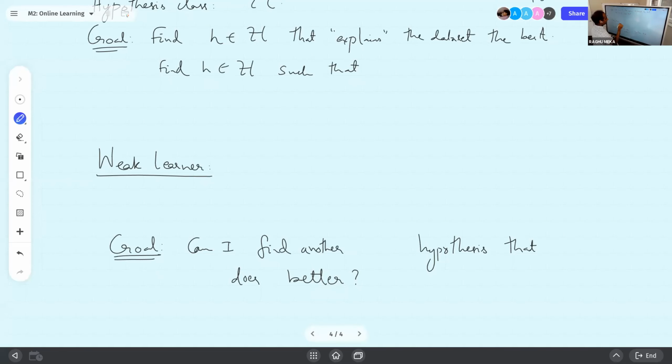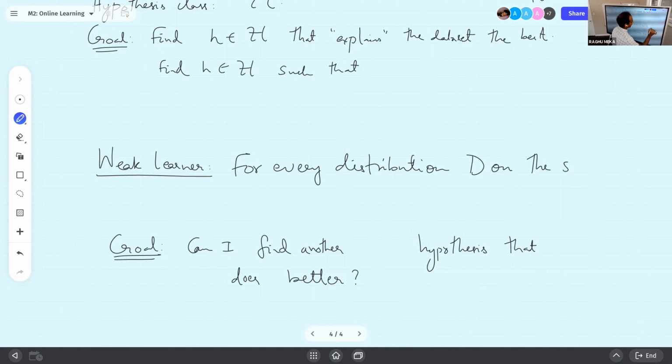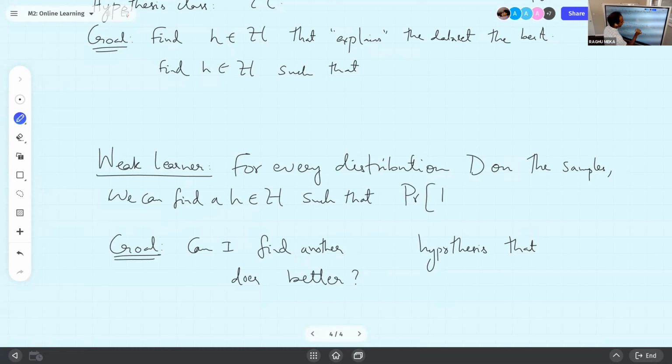So the assumption is going to be that for every distribution D on the samples (you can really only work with just subsets, but working with distributions makes things easier), we can find a hypothesis with an edge, such that the number of mistakes you make is at most a count.